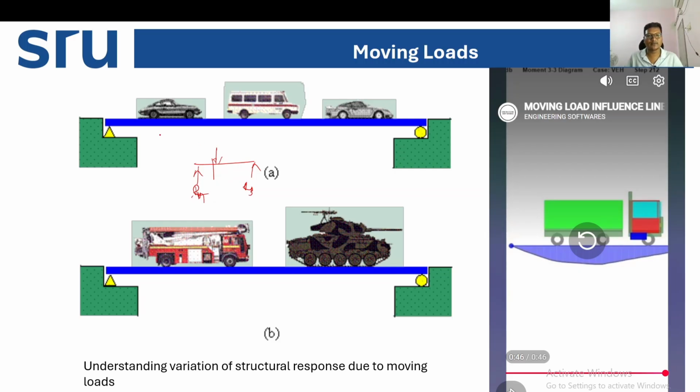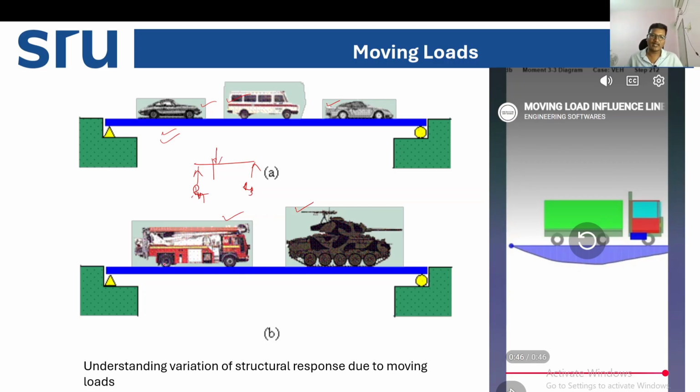So let's say this is the bridge, and over the bridge, different types of vehicles are moving. Because different types of vehicles are moving, they have a different impact on the bridge. So while designing the bridge, we have to understand what is the response of the bridge due to the moving loads, right?